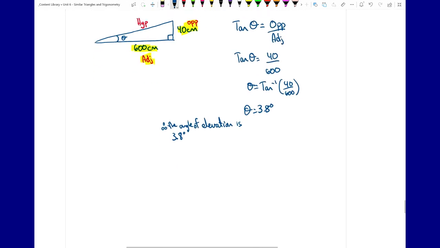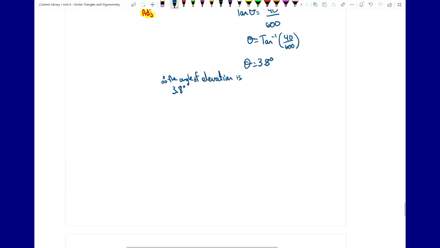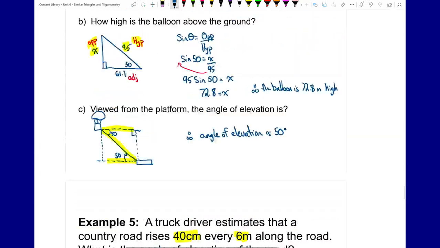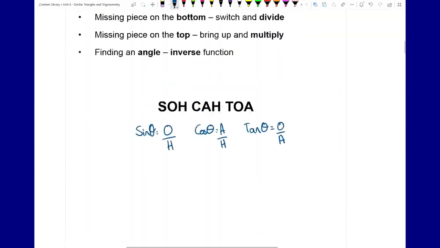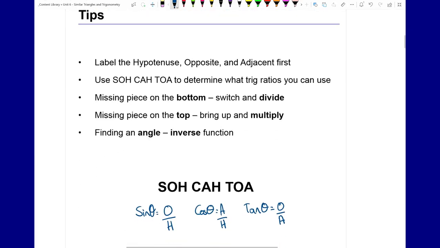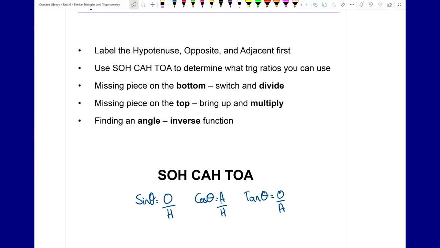So from this lesson, the main things are to focus on some of the steps that we looked at before. I'm going to scroll back to the tips. We want to make sure we can label our three sides, as we looked at multiple times in the previous lesson, properly based off of a reference angle. We then determine what sides we're using or trying to find, because that will help us determine what ratio to use.